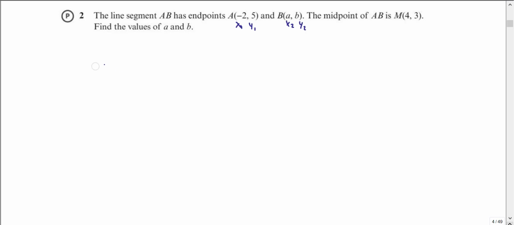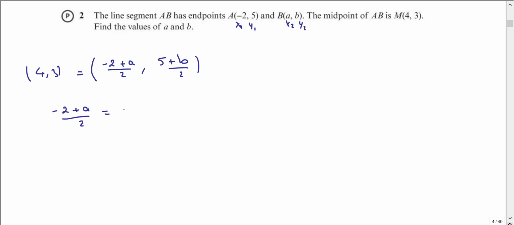Minus 2 plus a over 2 for the x values, and 5 plus b over 2. This equals M, which is 4 and 3. So minus 2 plus a over 2 equals 4, and on the other hand 5 plus b over 2 equals 3. So here negative 2 plus a equals 8, so a will be 10.